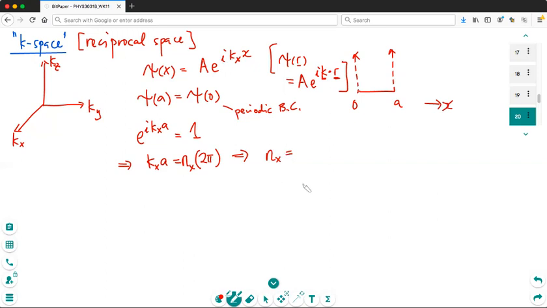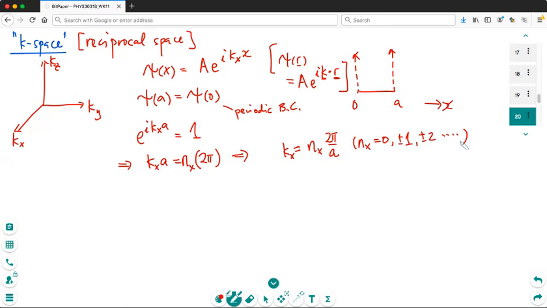Okay, so I would just write it like this, more compact for you. So this is nx times 2 pi divided by a, where my nx will be 0, plus or minus 1, plus or minus 2, and so on.